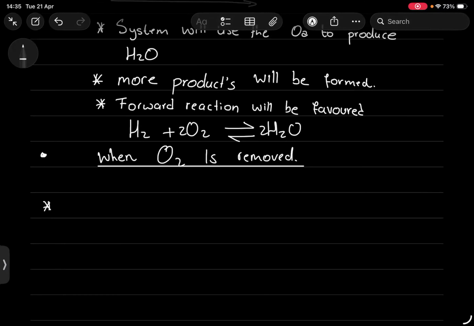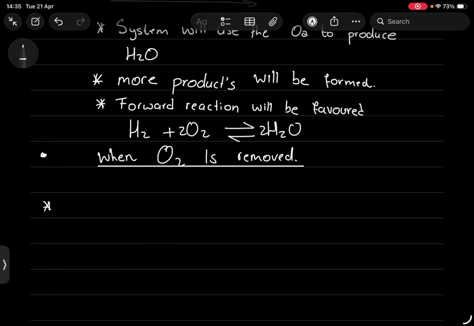Because remember, that's the system. It works to do what? It replaces what is left. If more of the H2O is added, or maybe the O2 is removed, it means the concentration of the reactant went down, right? But the system will use H2O to form what? To replace that O2.